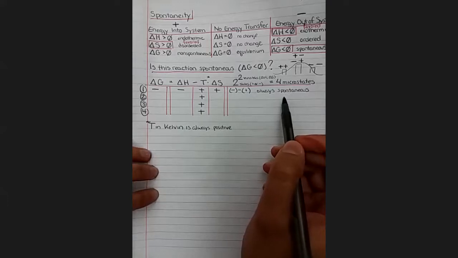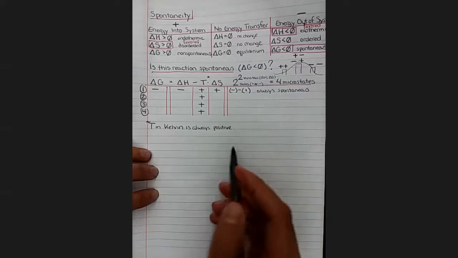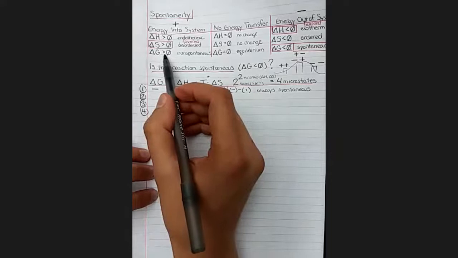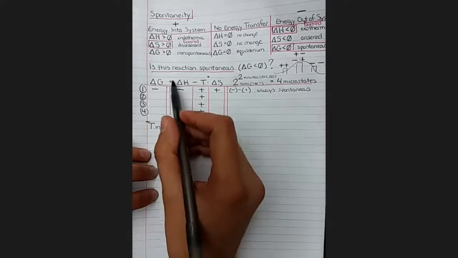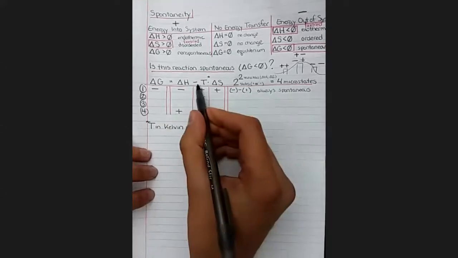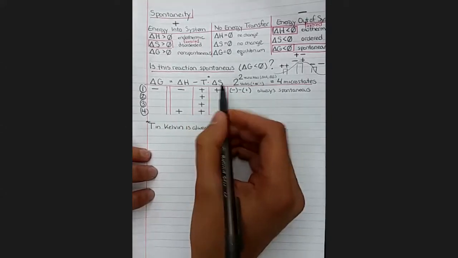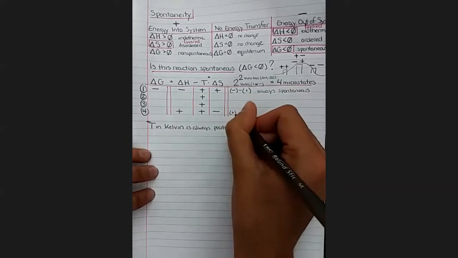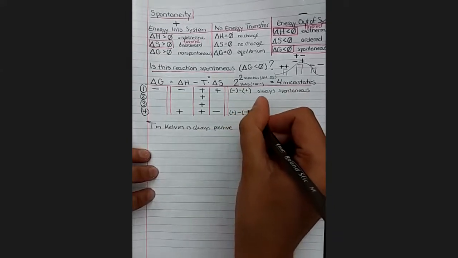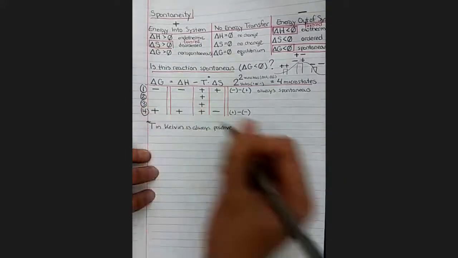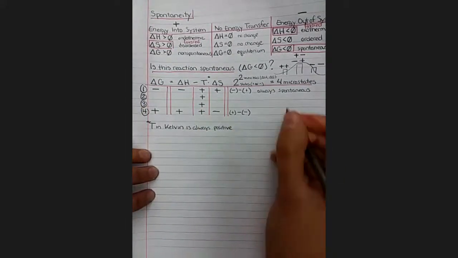So now let's look at the opposite situation. Let's look at definitely not spontaneous. So if it's not spontaneous, we want delta G to be a positive number, and we can do that by making delta H a positive number and by subtracting a negative number for delta S. So we'll have positive minus a negative number, and that will always, always, always give a positive number, because that's how math works.